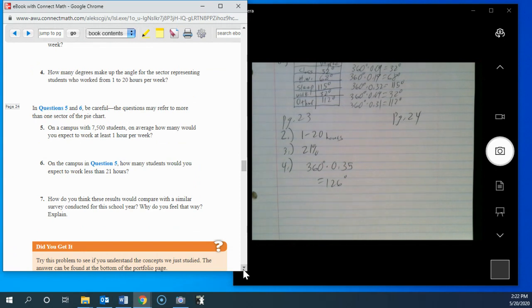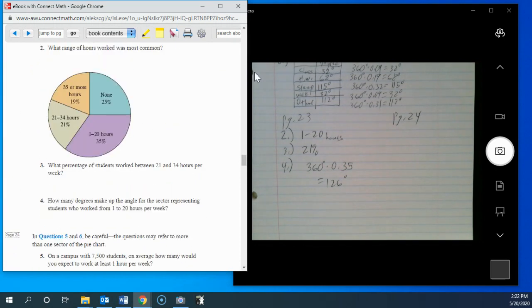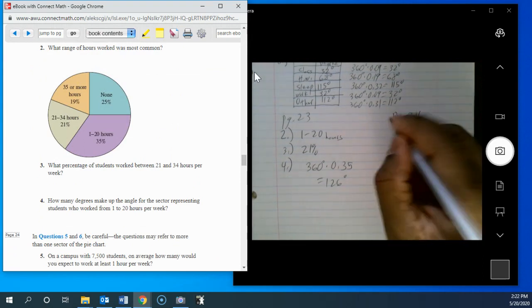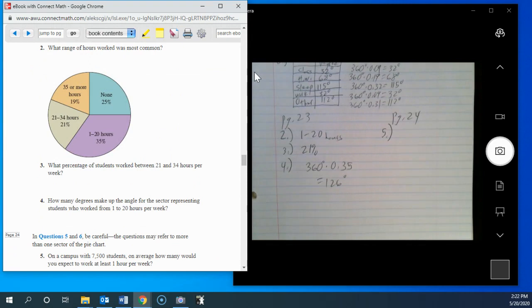So we would need to look back here at the chart, and they tell us it's 7,500 students, and how many would we expect to work at least 1 hour a week? So what values show at least 1 hour per week? What values in the pie chart?